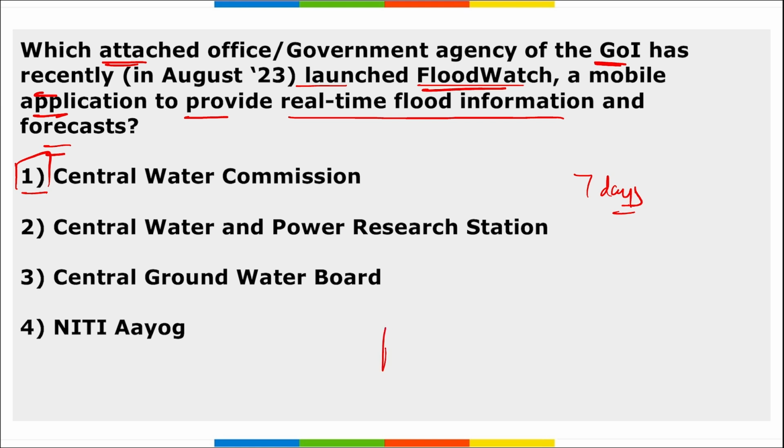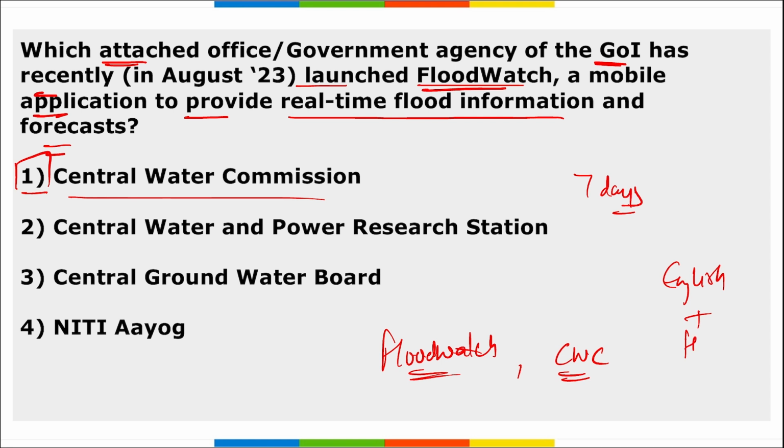This Flood Watch was developed by CWC, that is your Central Water Commission, and it is a user-friendly application which offers both readable and audio broadcast. This is presented in 2 languages, that is English and Hindi. And this app has a map of India with colored circles at water stations across India and the current risk of flooding.